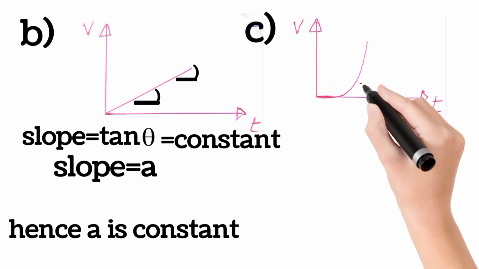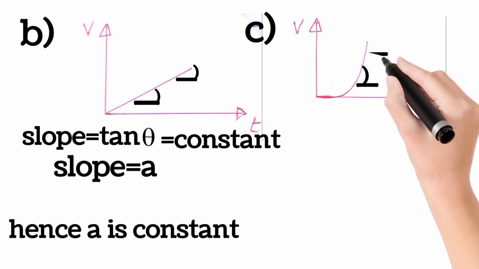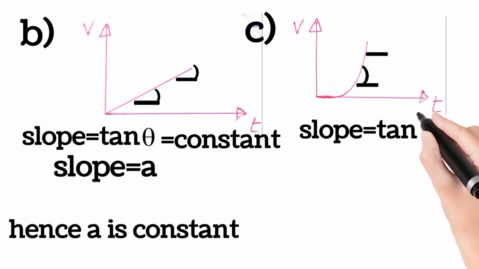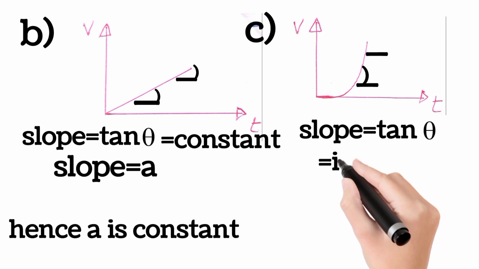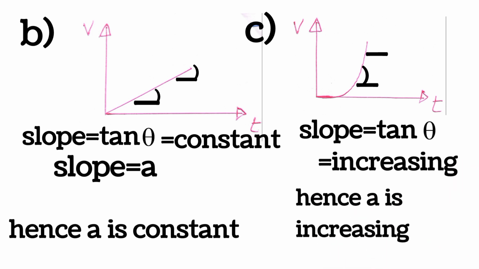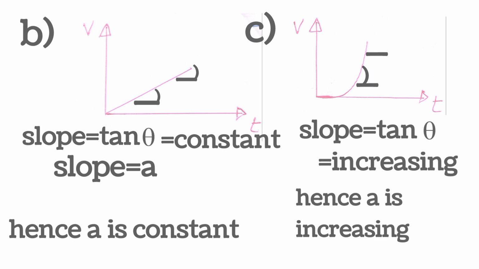If we observe the C option and draw horizontal lines with the graph, then the slope of the graph is increasing because theta is increasing, hence the acceleration is increasing. When the stone is dropped, its acceleration is constant, called the gravitational acceleration.